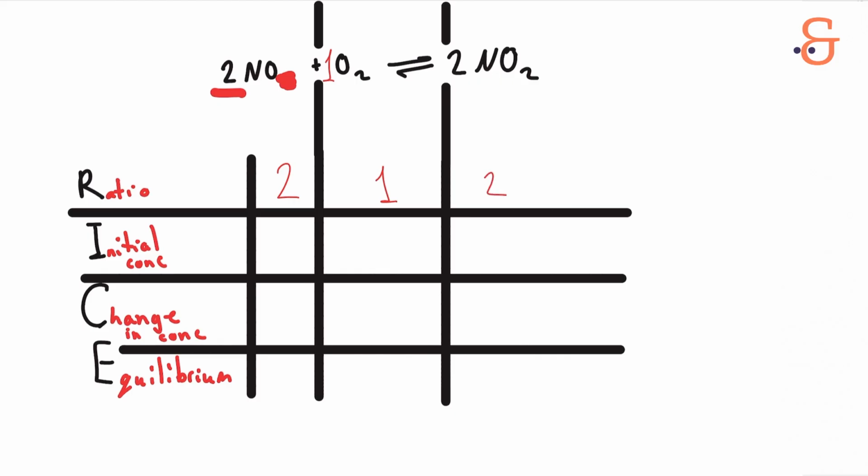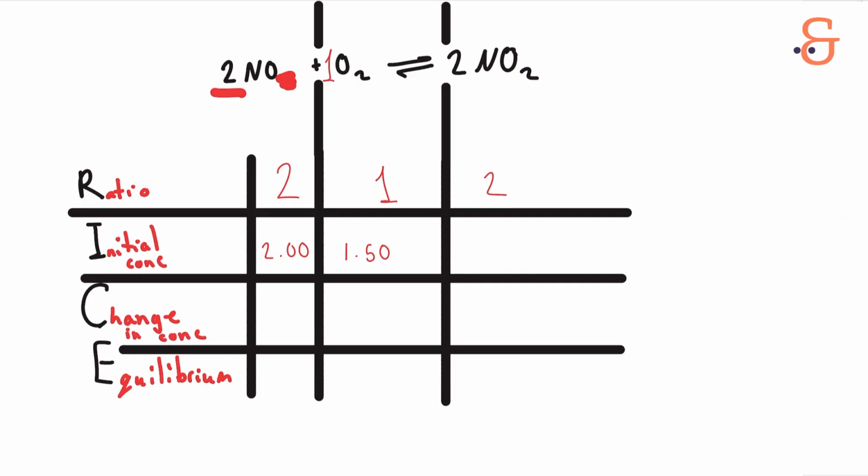Then we've got 2NO2, so we'll pop that 2 into this column. Now let's look back at the question and see how much of the table we can fill out by simply using the information we're given. We're told that a container initially contains 2 moles of NO, so we can fill that in, and 1.5 moles of O2.